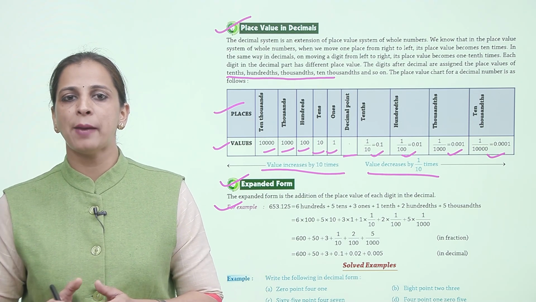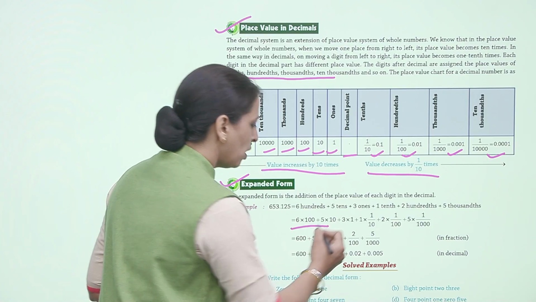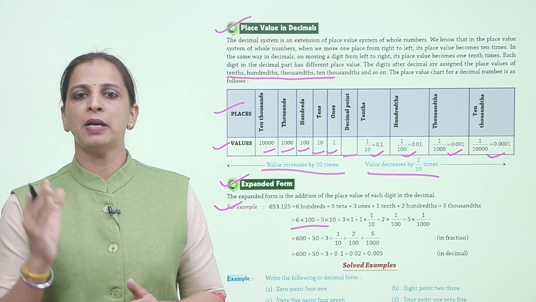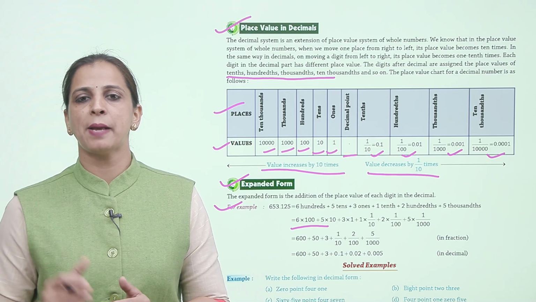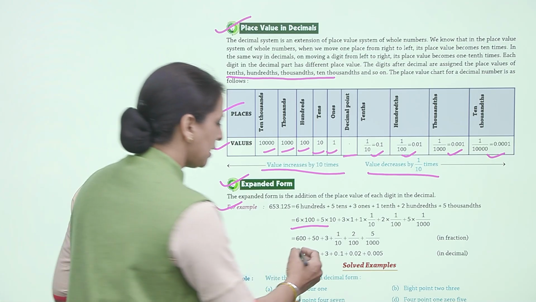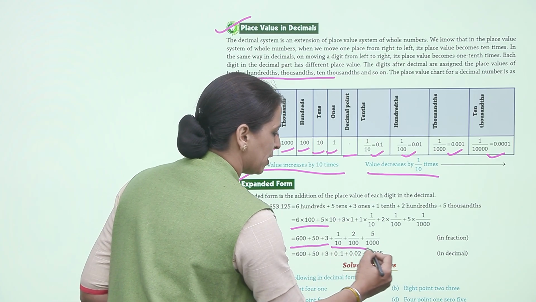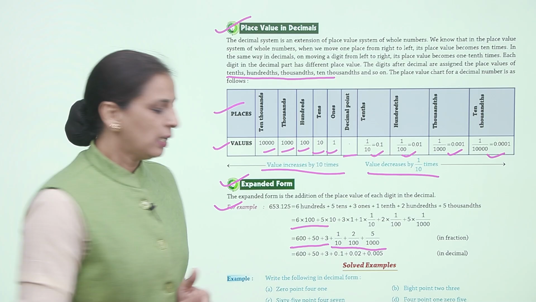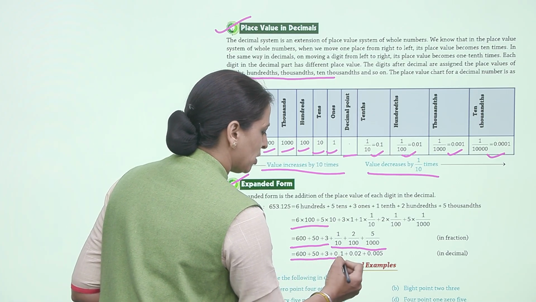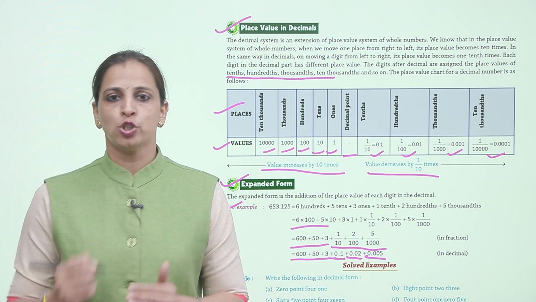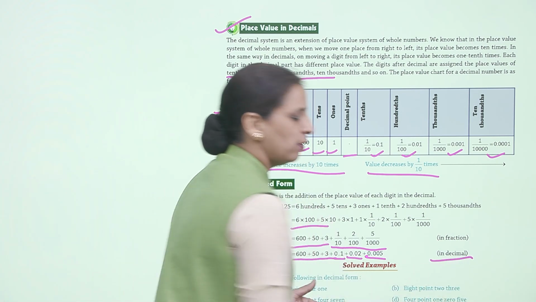That is 6 multiplied by 100, 5 multiplied by 10 plus 3 multiplied by 1 plus 1 multiplied by 1 by 10 plus 2 multiplied by 1 by 100 plus 5 multiplied by 1 upon 1000. That is 600 plus 50 plus 3 plus 0.1 plus 0.02 plus 0.005 in decimal form.